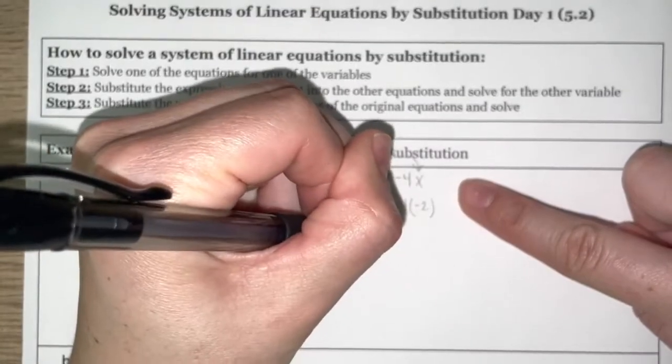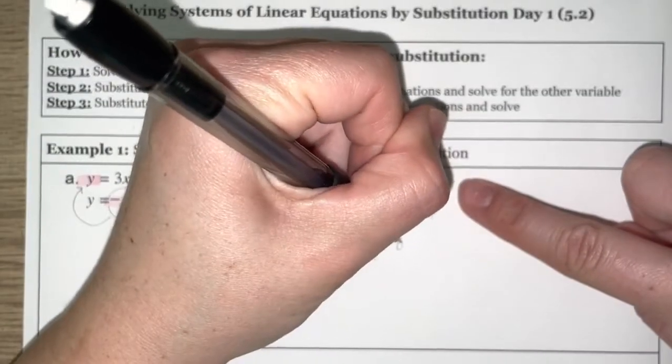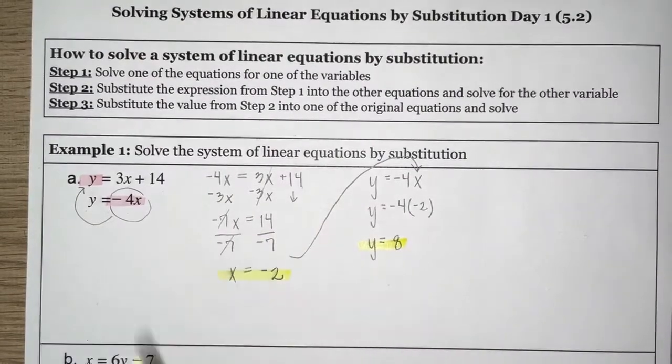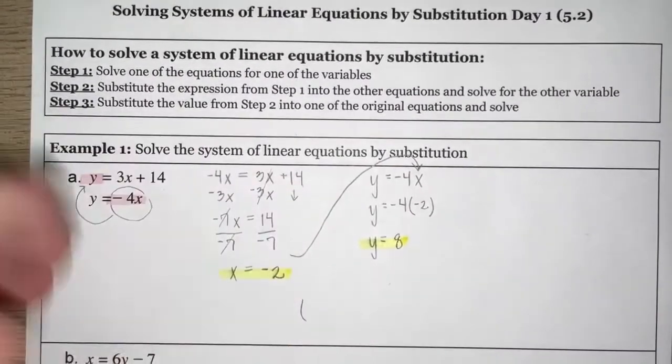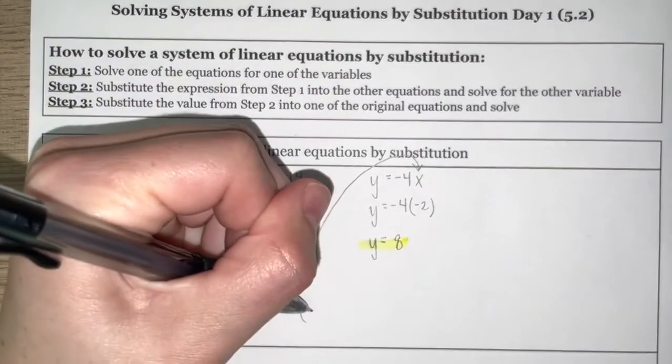And then y equals negative 4 times negative 2 is positive 8. So we got y equals 8, and so our final solution is, we write it as x, y, like a point, negative 2, 8.